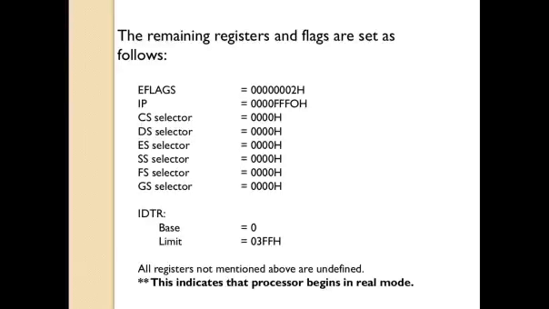Then IDTR, the base value is 0 and limit is 03FFH. All the registers which are not mentioned in this list are undefined, so there is no value which will be set after reset. So there is no predefined value. This is what the values in the registers are after reset.